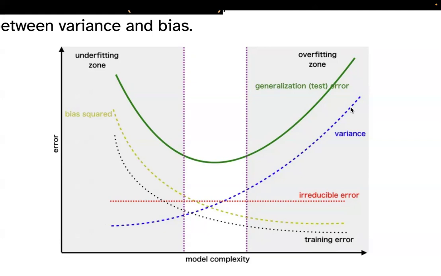On the flip side of that is bias. So blue line is variance. On the flip side of that is bias. So a large bias here is creating a larger error when the model is very simple, and then its bias decreases as the model becomes more complex. So notice again, the yellow line being bias, the blue line being variance.